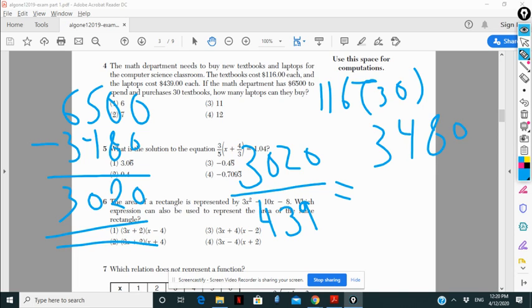So if I'm going to divide, it cannot be 11 or 12 because 439 times 10 is giving me 4,000.